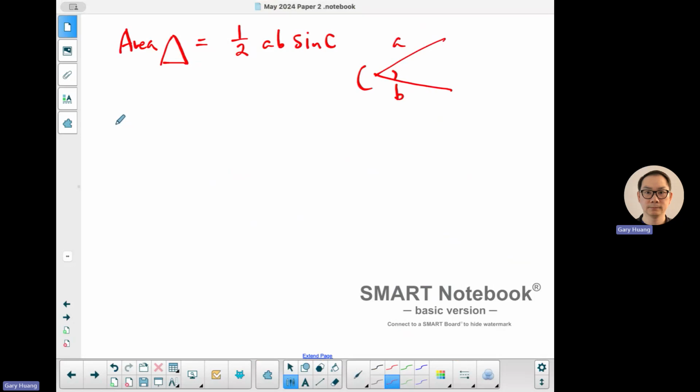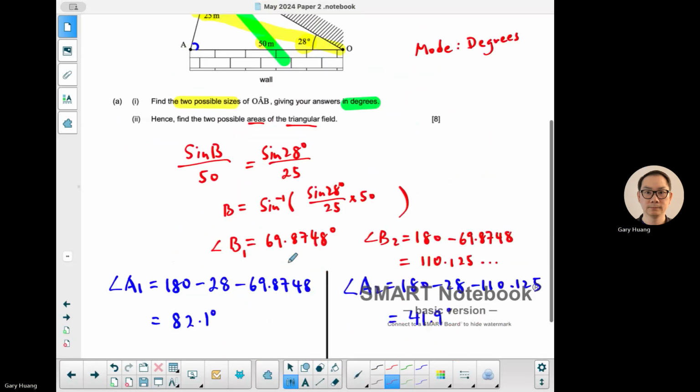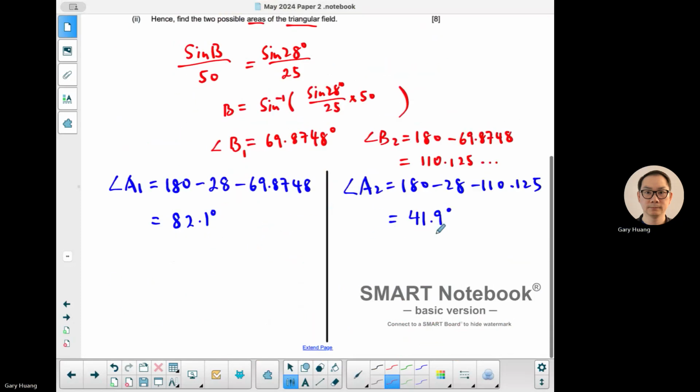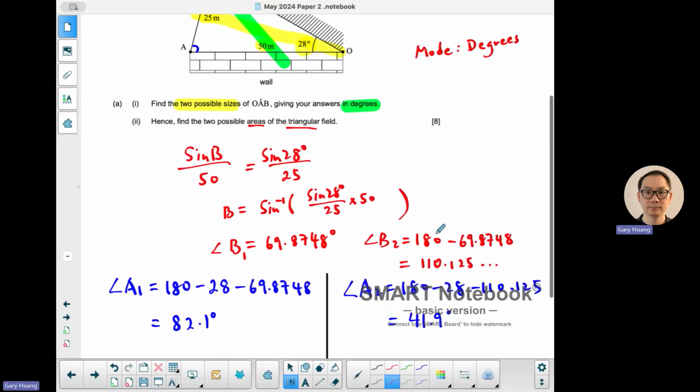So the area of the first triangle is going to be half times 50 times 25, and sine of angle A, which we calculated. 41.9, that's the acute angle.